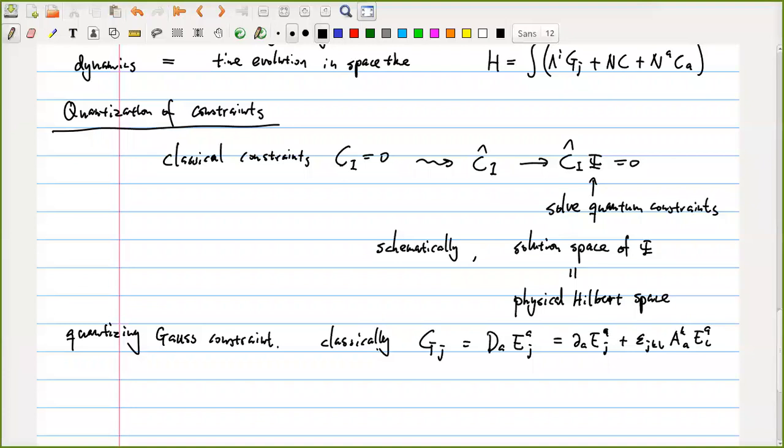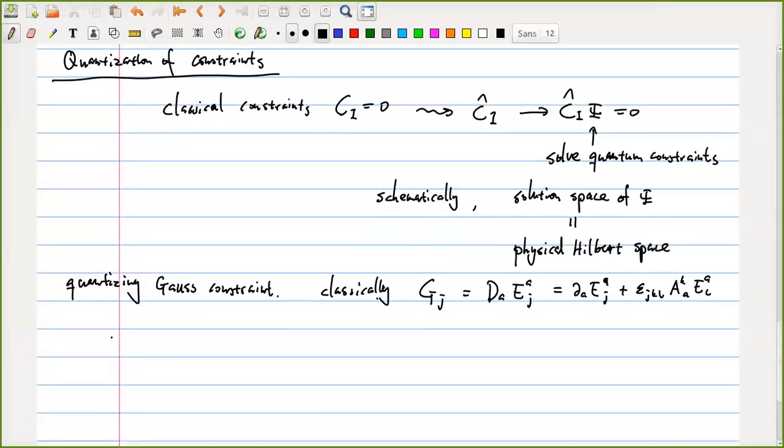So this is the Gauss constraint, and now we first need to discretize it. The discrete Gauss constraint.